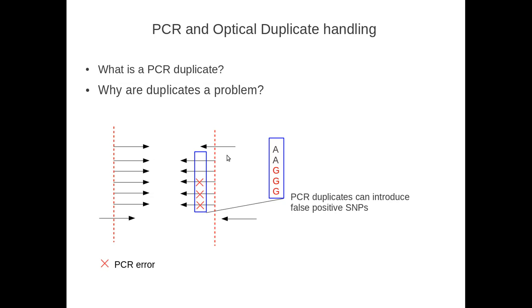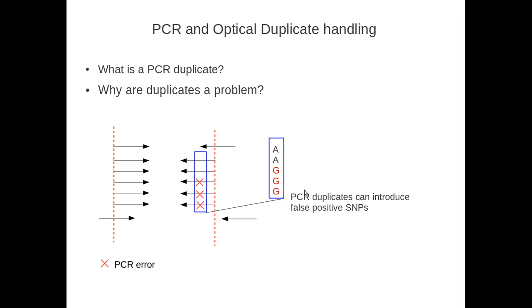If you look here, let's imagine the red X is a G where the correct sequence is an A. So the correct nucleotide is an A. These are PCR errors, incorporated by a biochemical misincorporation of the wrong base during an amplification step during the initial steps of library preparation.